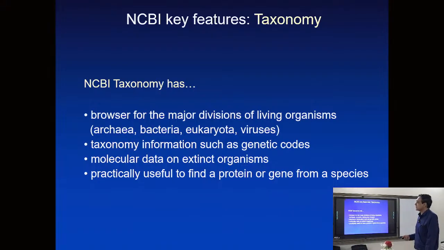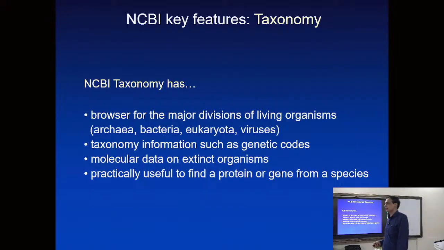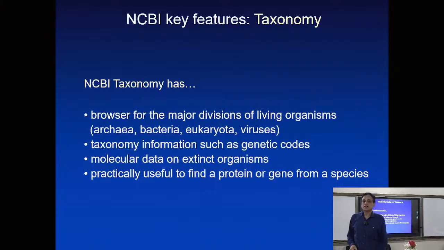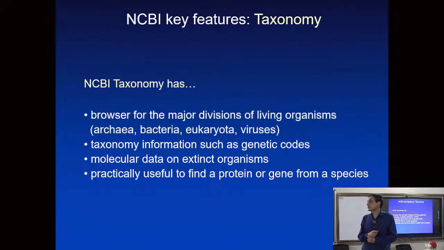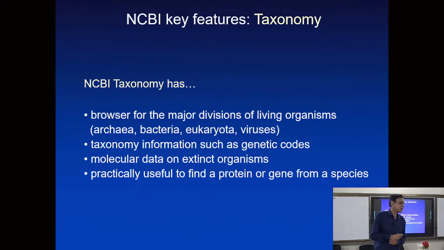Okay, so the NCBI database also has data on extinct organisms, organisms that are no longer living on Earth. For example, Neanderthal. There is some data from ancient humans, and many people are interested in analysis of ancient humans because it helps in understanding how some diseases have evolved.